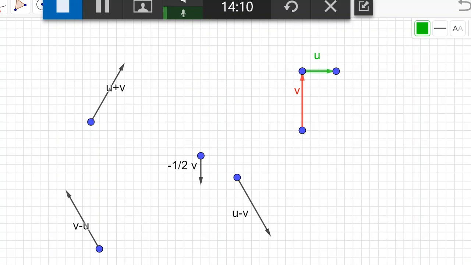So by the time you consider both forces at the same time, you get this guy right here, U plus V. All right, and this is when we start looking at adding vectors together or subtracting them. This is literally what's happening.